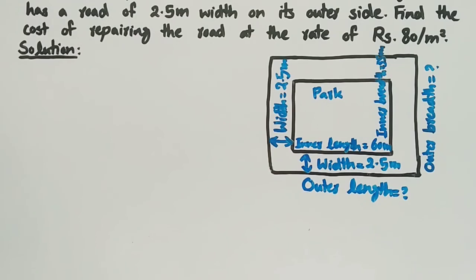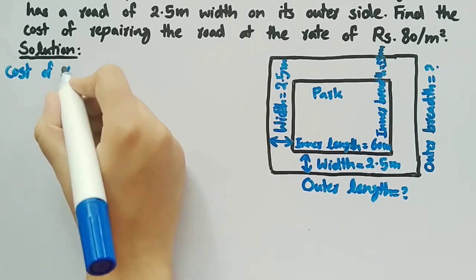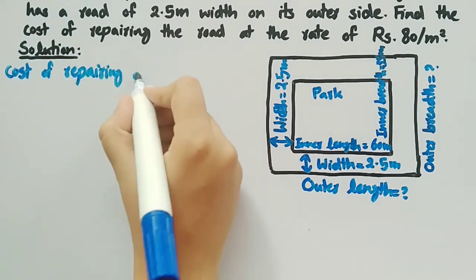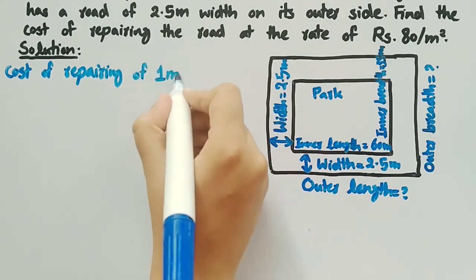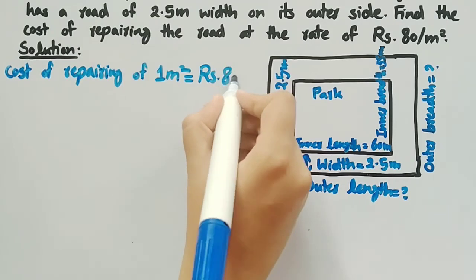Now we will find cost of repairing. It is given that cost of repairing of 1 meter square is equal to rupees 80.